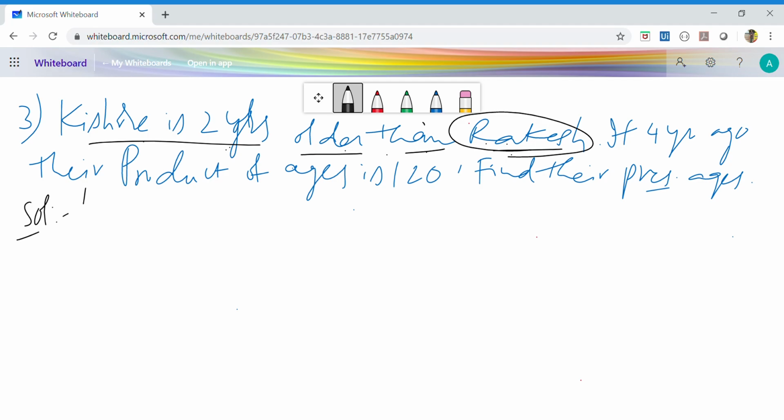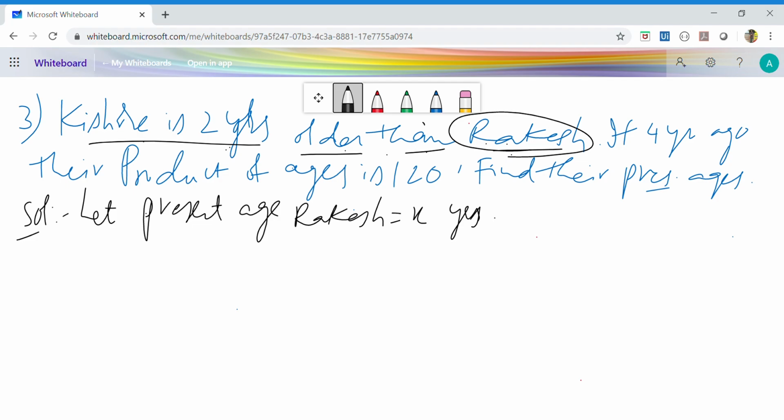So let us assume the age of Rakesh is x years. Then Kishore's age becomes x plus 2, 2 years older than him.